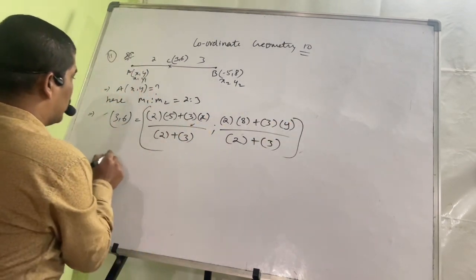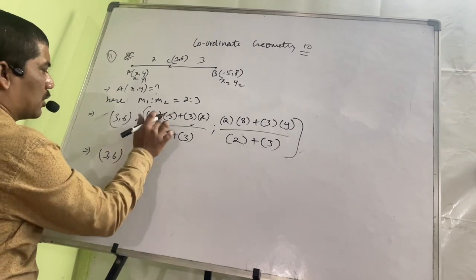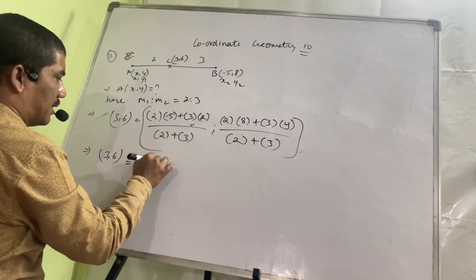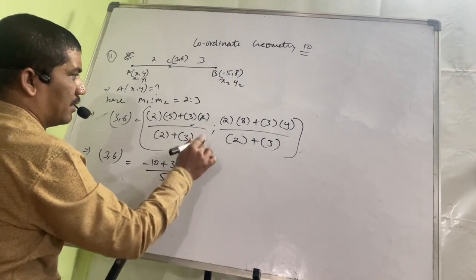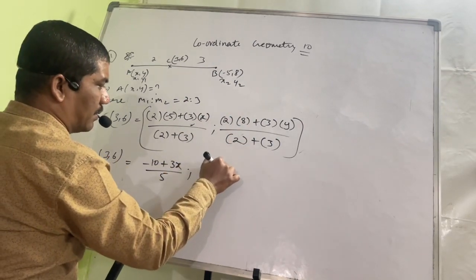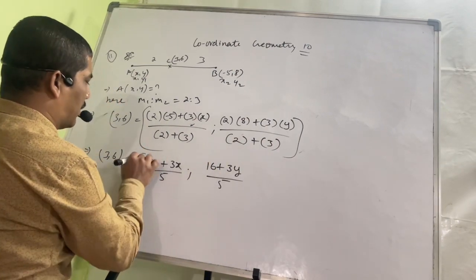So now you simplify as much as possible. Plus into minus, minus. 2 5s are 10. 3 into x, 3x, by 5. 2 into 8, 16. Plus 3 into y, 3y, by 2 plus 3, 5.